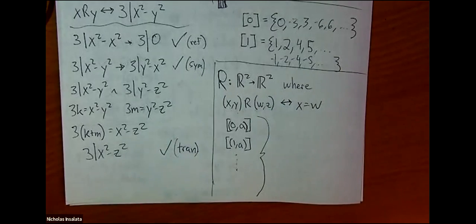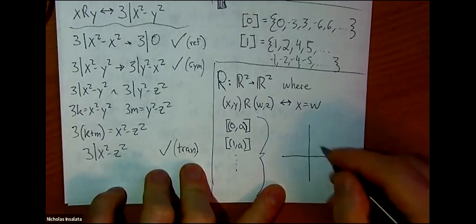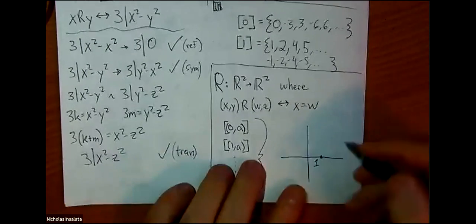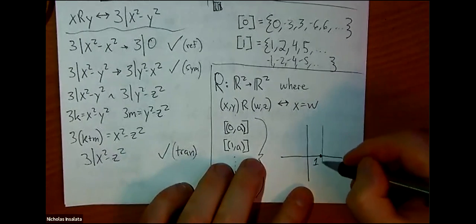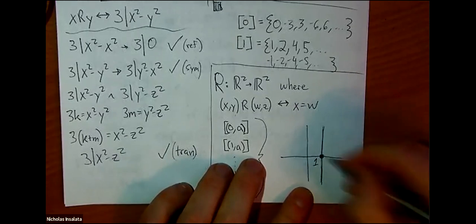And if you think about what's happening here, what you're doing is you're taking an entire line. Let's do this example. So we have this point 1 right here, right? And what we're doing is we're saying, well, we have this line that passes through the point 1, right?